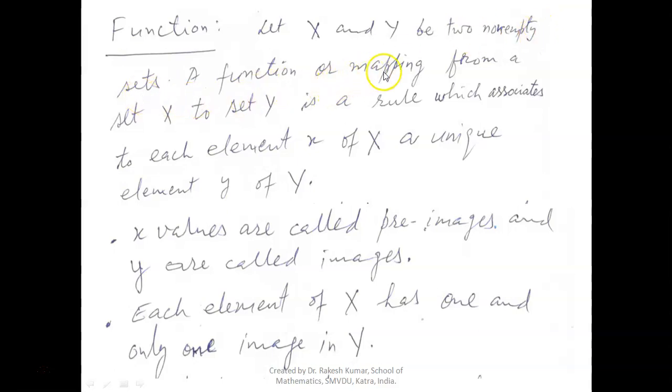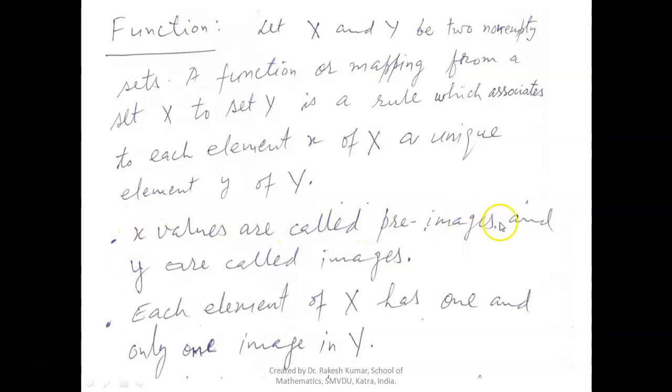A function or mapping from a set X to set Y is a rule which associates to each element x of set X a unique element small y of set Y. So this is the definition of a function.